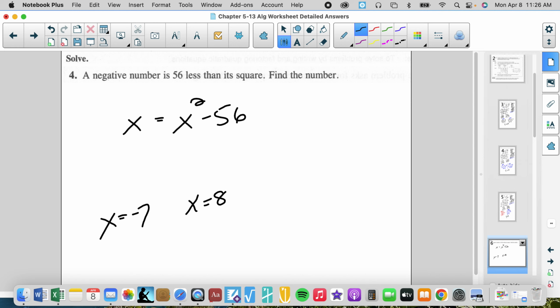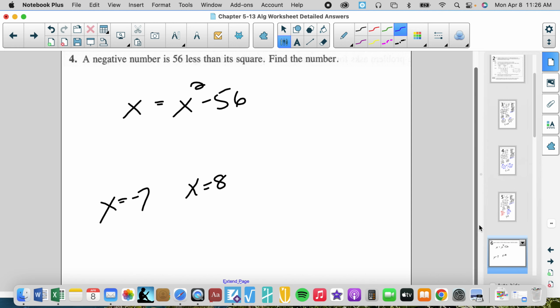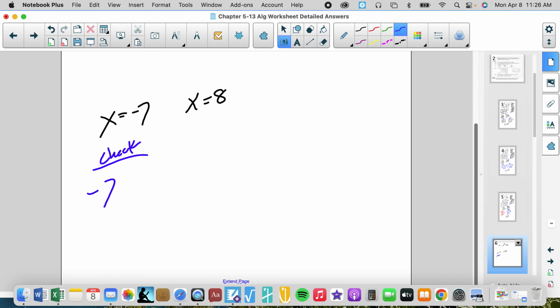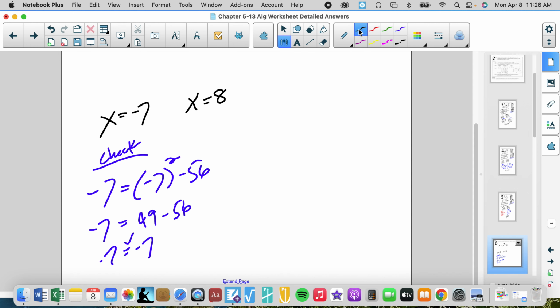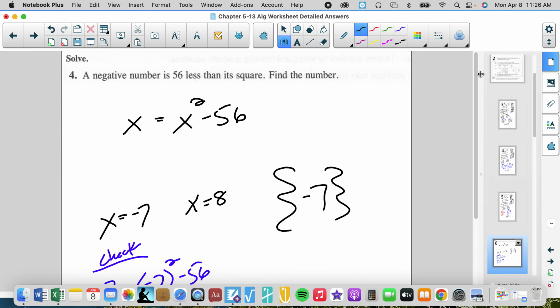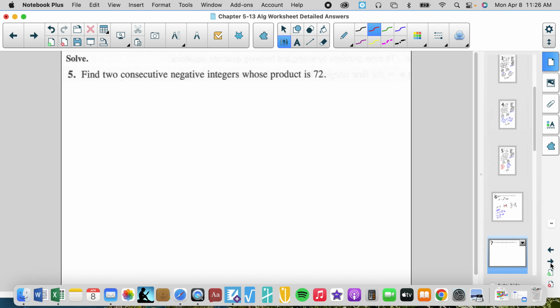The only difference is that when we check this time, it does. -7 equals 49 minus 56. -7 equals -7. This time, it's a solution. So this time it fits the criteria, where this is extraneous. Well, it's not extraneous. It just doesn't fit the solution.